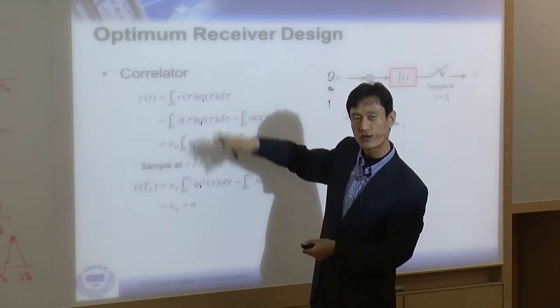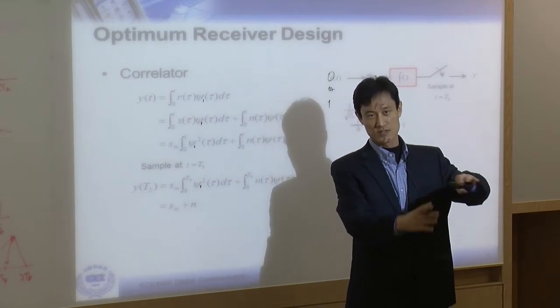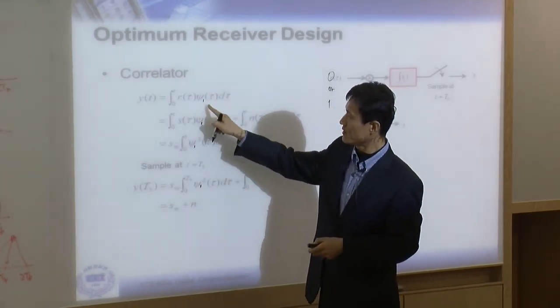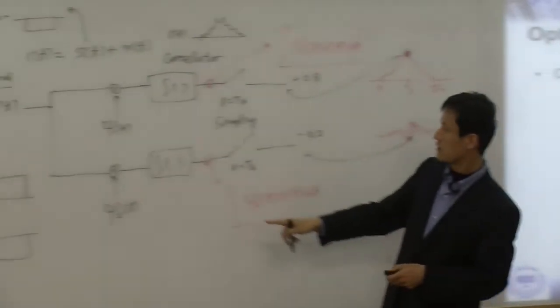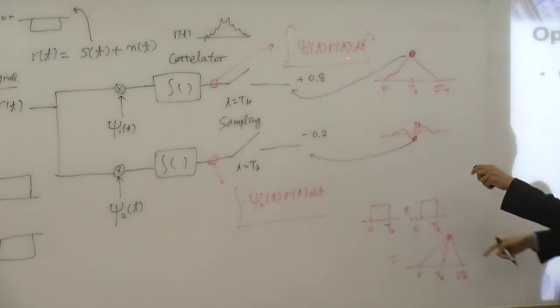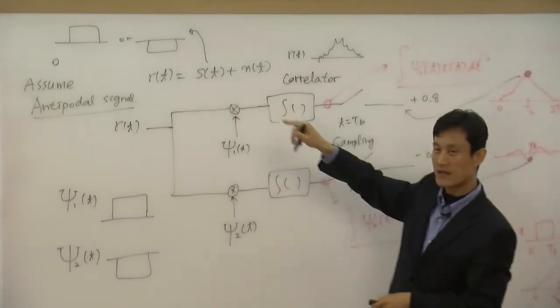This is the calculation for one correlator, and the same thing happens again in the second correlator. We're simply doing correlation between these two. But r(t) is actually the same as s(t) plus n(t).